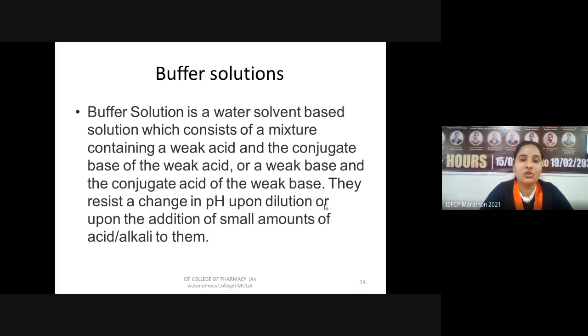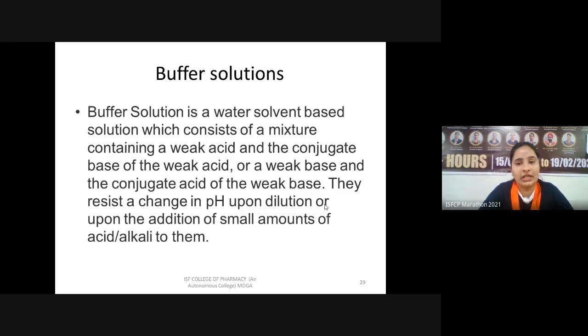We will read it once. Buffer solutions are water solvent based solutions. They are prepared in water, and consist of a mixture containing a weak acid and the conjugate base of the weak acid, or a weak base and the conjugate acid of the weak base. They resist change in the pH upon dilution or on addition of small amounts of acid or alkali.